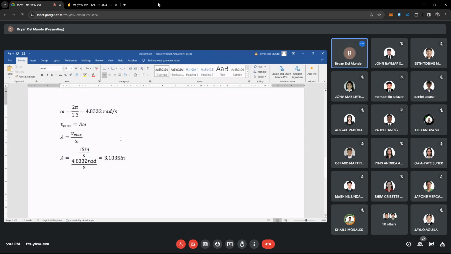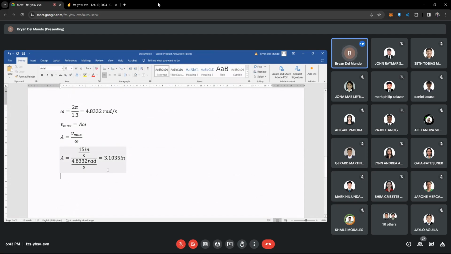So now, we're going to solve yung length ng ating pendulum so that makukuha natin yung kanyang value. So makukuha natin yung value ni amplitude in terms of degrees. So now, let's try to solve first yung ating length. So length ng ating pendulum.